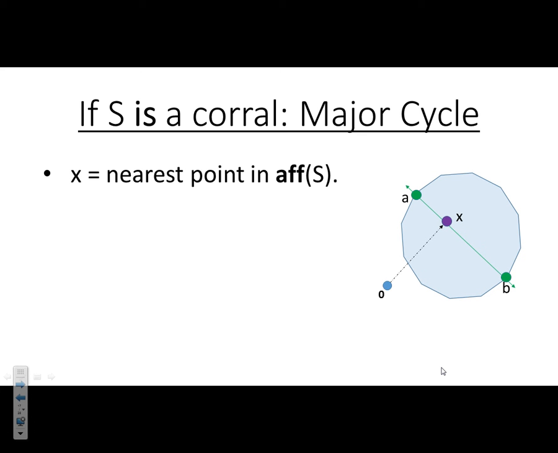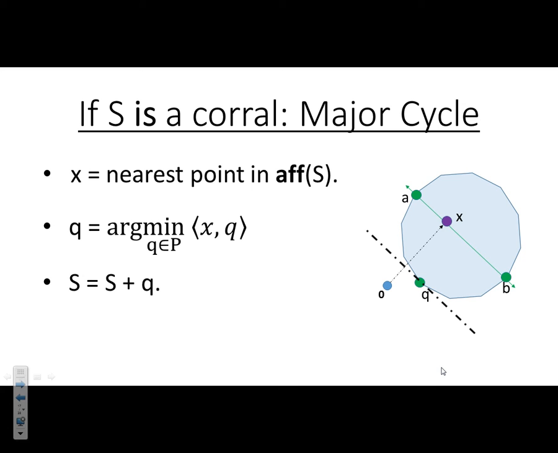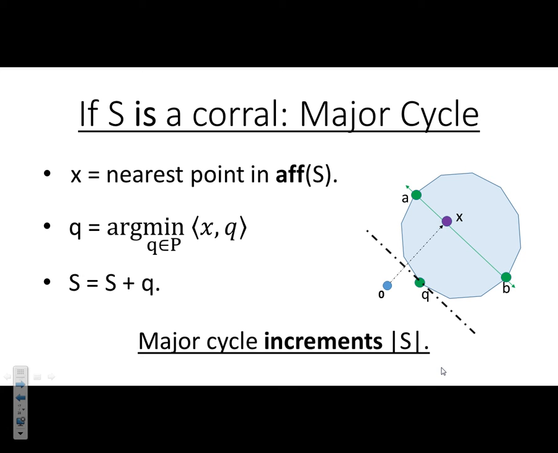So if S is a corral, I use X as the cost vector and find the point Q which minimizes X dot Q. In some sense, this is discovering an extra point on the origin side of X. If you look at this hyperplane, this corral, it's discovering a new point, and the major cycle says add it to S and move on. So the major cycle ends. The major cycle increments the size of S.